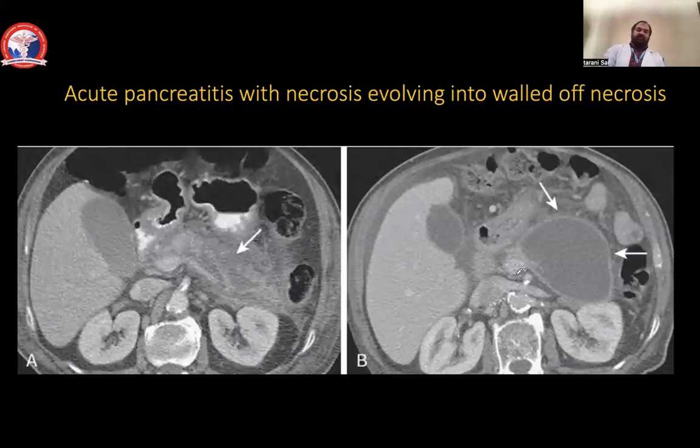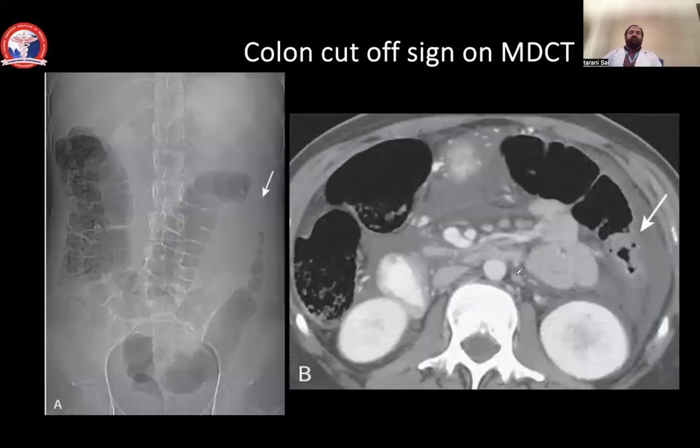So this is walled-off necrosis. There are some signs of acute pancreatitis, and this is a frontal scanogram image showing a displacement of colonic tissue noted in the splenic flexure. This is due to the collection from the pancreatitis.